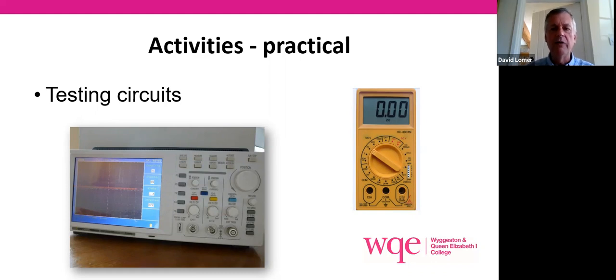Being a big college and having a lot of students doing electronics, we are able to source and buy a lot of high quality new apparatus that we can refresh and renew. And this means that you can be doing the practical work on your own, developing circuits, testing your own circuits, rather than working in pairs or a group.